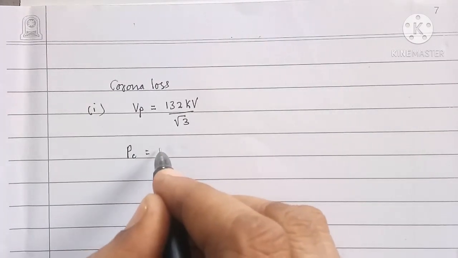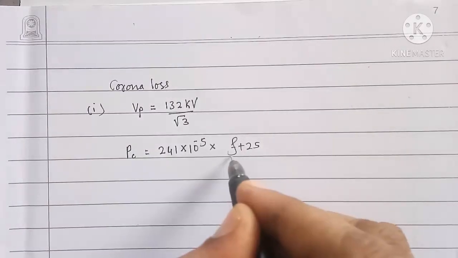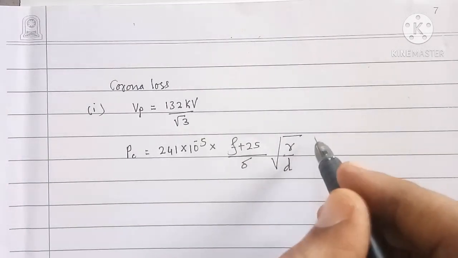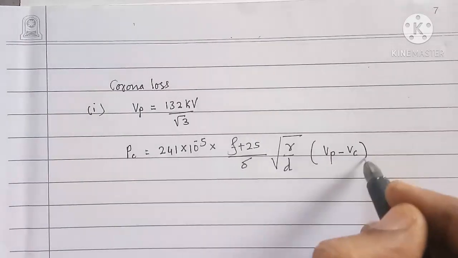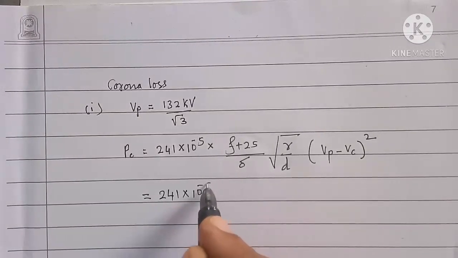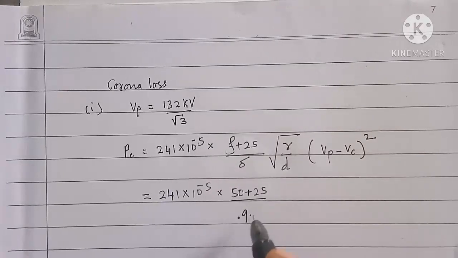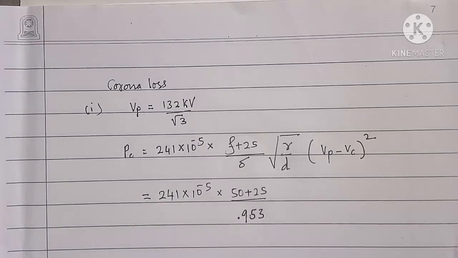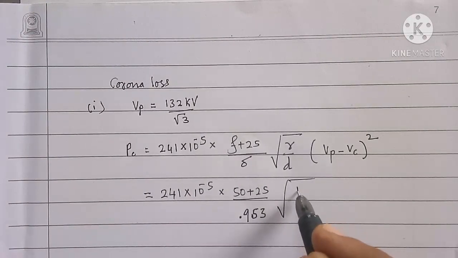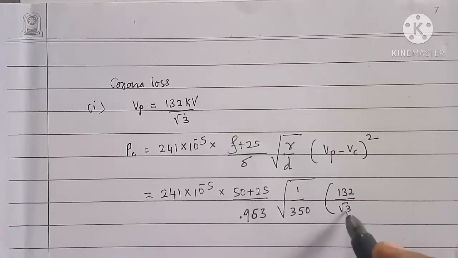Pc is equal to 241 into 10 raised to minus 5 into F plus 25 divided by delta into under root R by D into Vp minus Vc whole square, that is equal to 241 into 10 raised to minus 5 into, assuming frequency as 50 Hz, 50 plus 25 divided by 0.953 under root 1 divided by 350 into 132 by root 3 minus Vc.